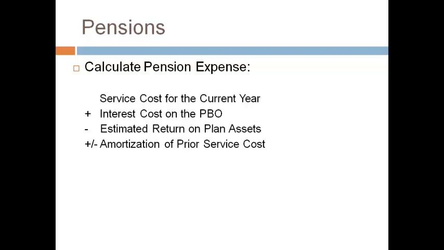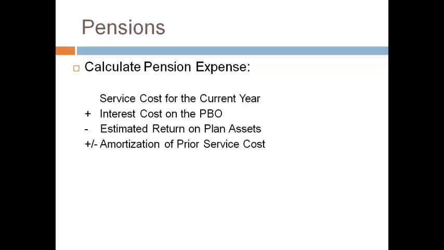If the actual return were used, pension expense would go up and down with the actual return. Pension expense is an operating expense, and this would mean that operating income would change with changes in the stock and bond markets. An estimated return over a period of 30 years or so is used to keep changes in the markets from affecting operating income.